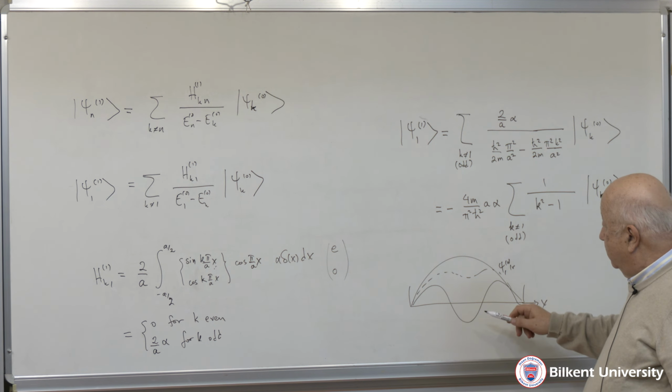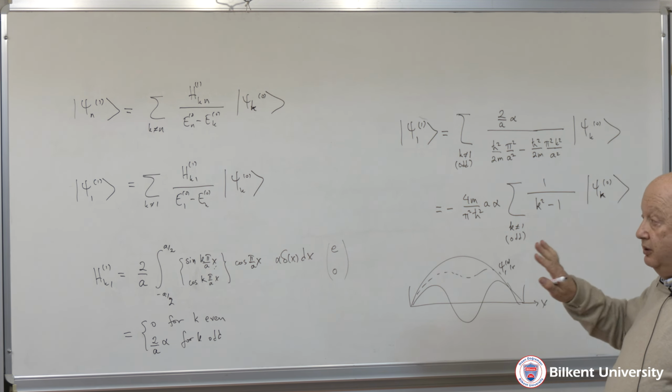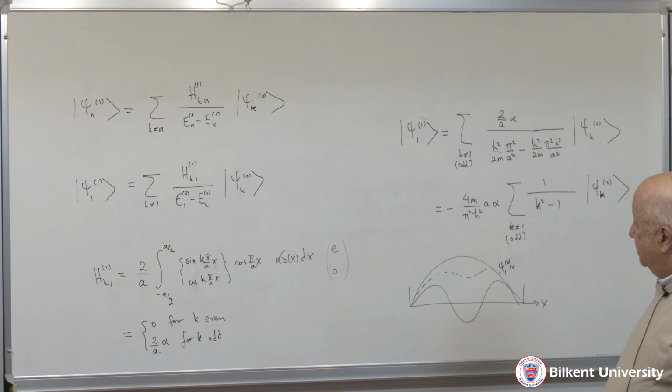All right, so I hope you get the idea. We have these objects which we can use term by term to obtain better and better approximations to the actual solution.